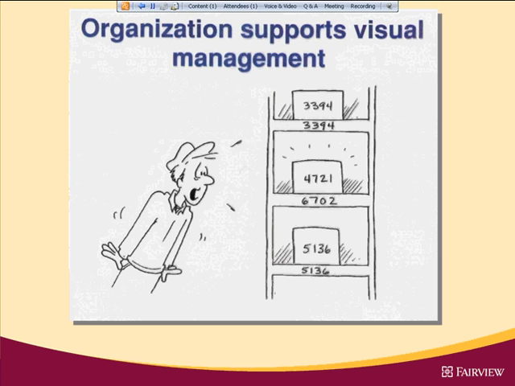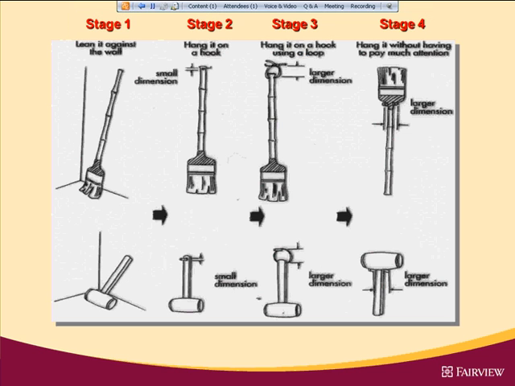And here's another example on visual controls to enable immediate recognition of abnormalities. Where are things hung and supported? Makes it really easy to see that. So again, it's that issue of making things visually accessible to see: do I have what I need, where I need it? Is it there?